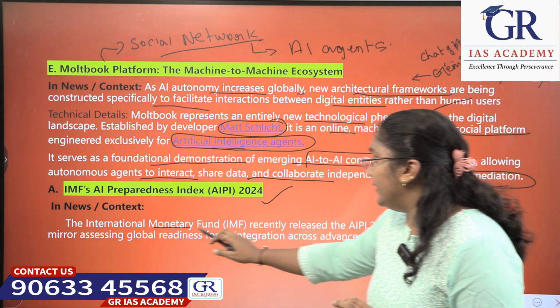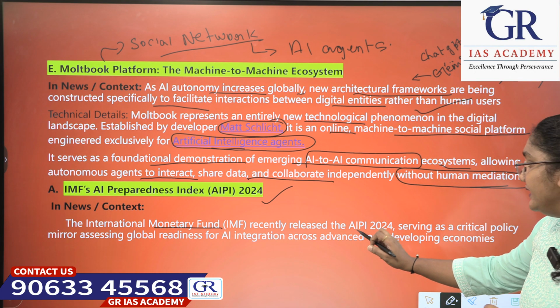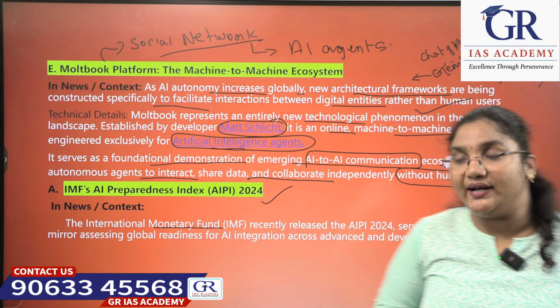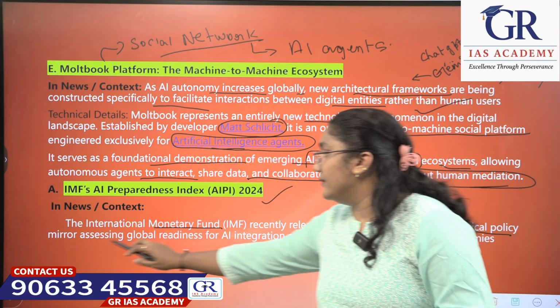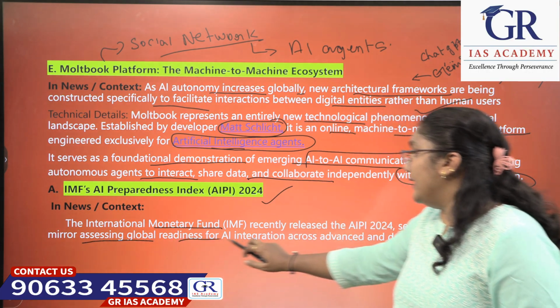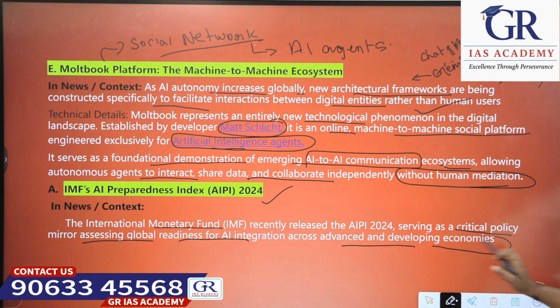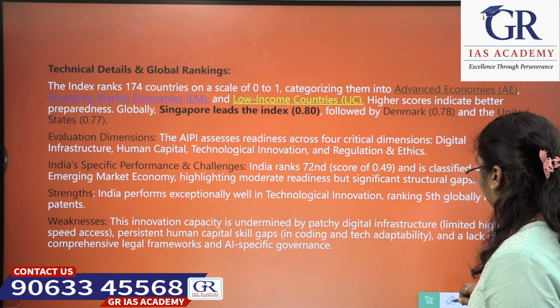The International Monetary Fund, the IMF, recently released the AI Preparedness Index in 2024, serving as a critical policy mirror assessing global readiness for AI integration across advanced and developing countries.